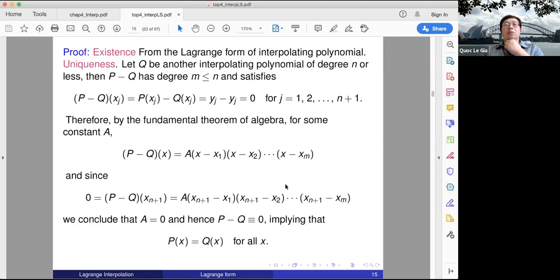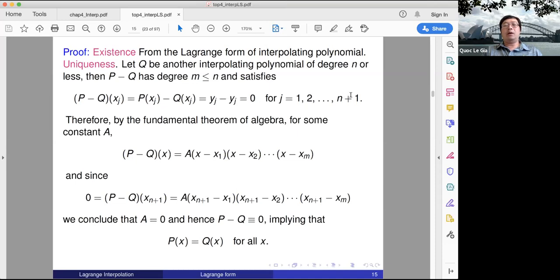Now, what happens if I put in x(n+1)? Because this is only up to xm, m less than or equal to n, if I put in x(n+1), then all those terms, x(n+1) minus x1 up to x(n+1) minus xm, are non-zero. But by the first condition, (p minus q)(x(n+1)) is still equal to 0.